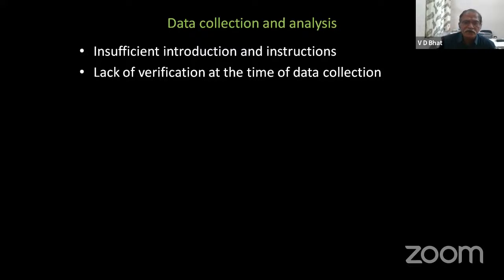Lack of verification at the time of data collection. What happens is, when you have given a tool with some 50 items and the respondents are not very keen to respond, some items in between they have left. They have not filled them out. What happens to the researcher? The researcher cannot have the same sample size because on those items, the sample size becomes smaller. Responses are less. So what to do?